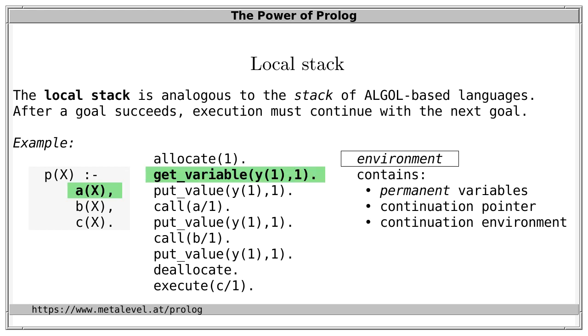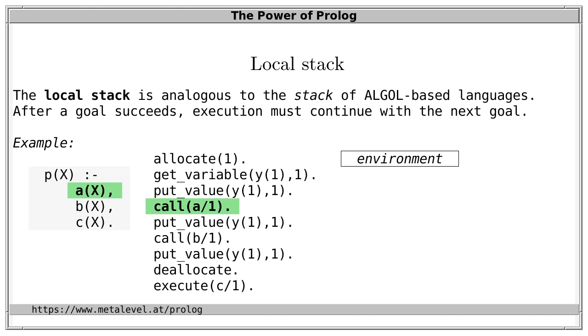So first, the permanent variable is initialized, and then the argument register is set up for the call of A with one argument. And now it gets interesting, because control is now transferred to another predicate. And that predicate A could, for example, also allocate an environment and also invoke other predicates.